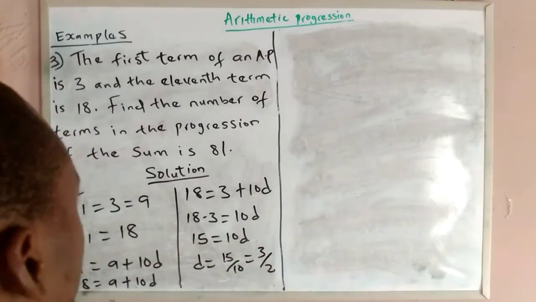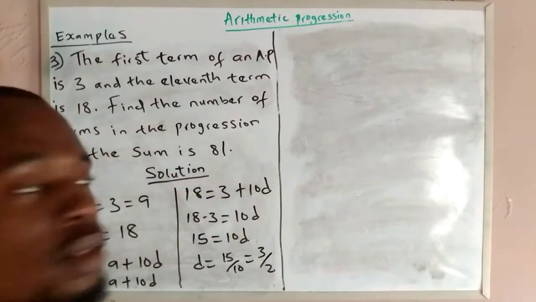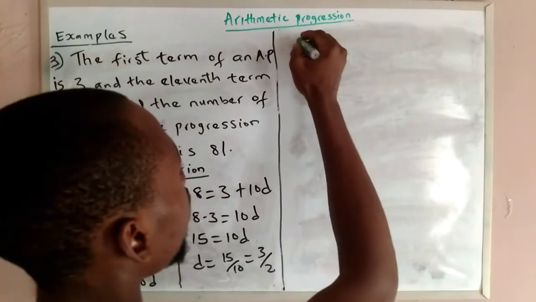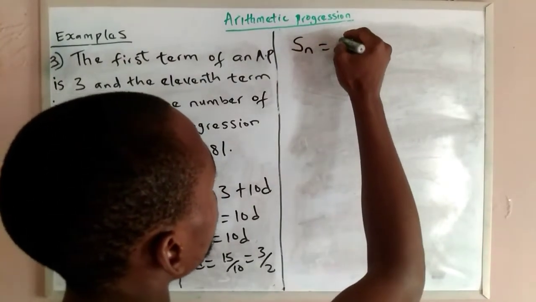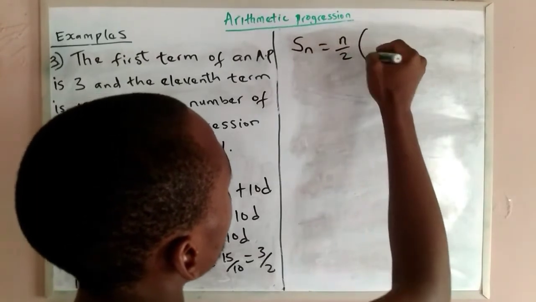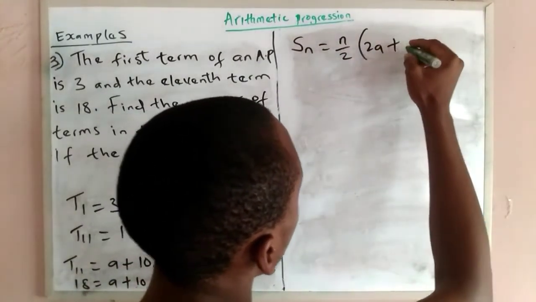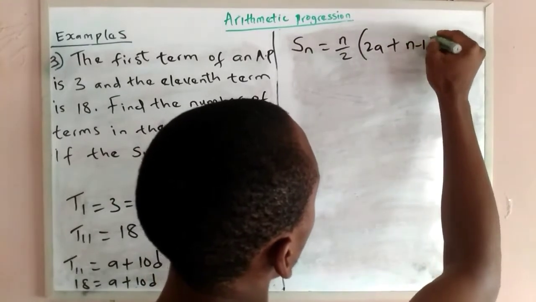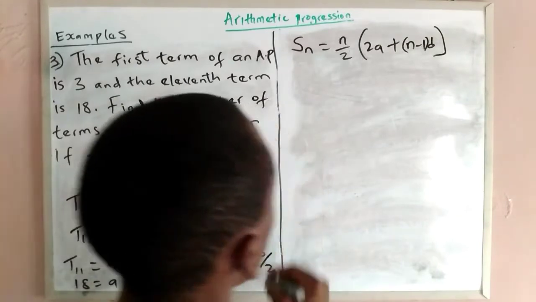Now, since we are given that the sum of the progression is 81, the formula for the sum of an AP is Sn is equal to n over 2 into 2a plus n minus 1 d.